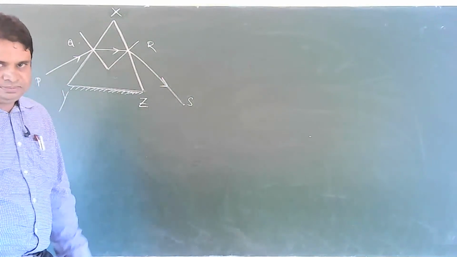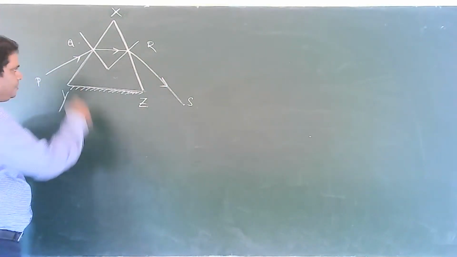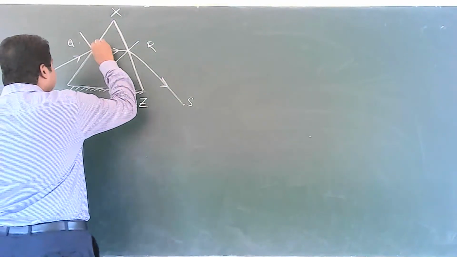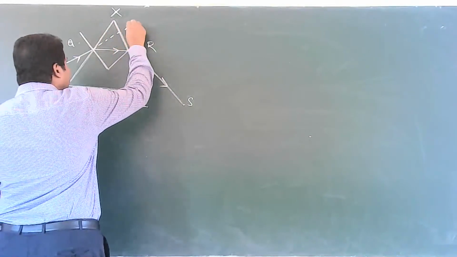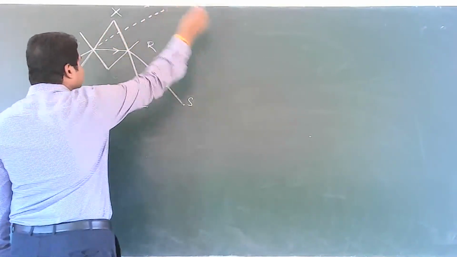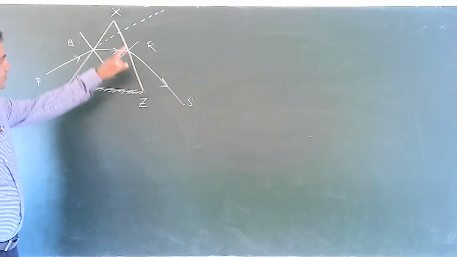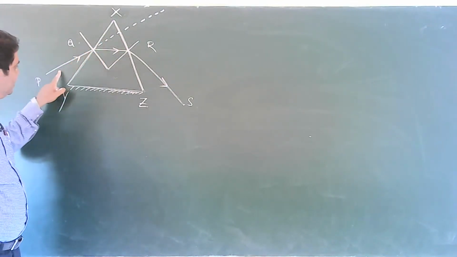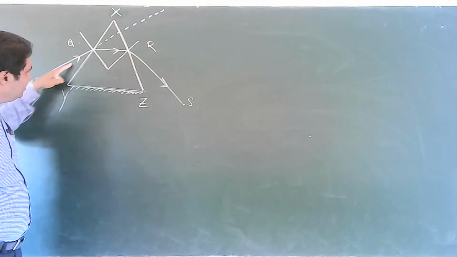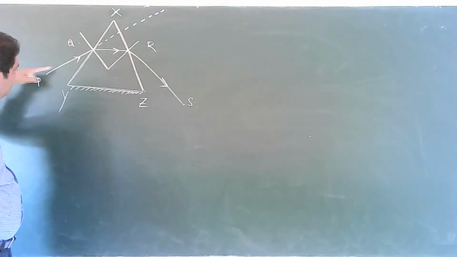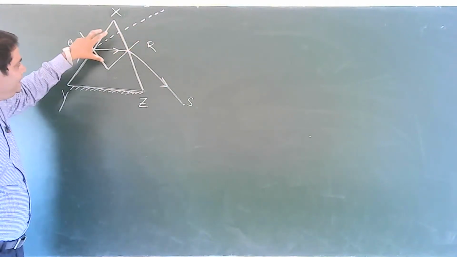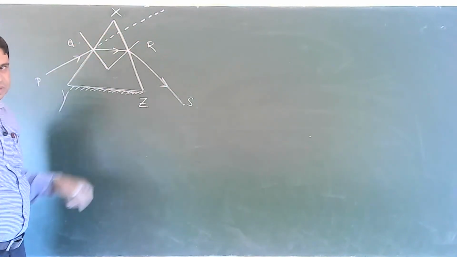In the absence of this prism, if PQ is the incident ray, it would have taken this path, correct? This should be the path taken by this ray, a straight line. It would have traveled in a straight line without any deviation in the absence of this prism.